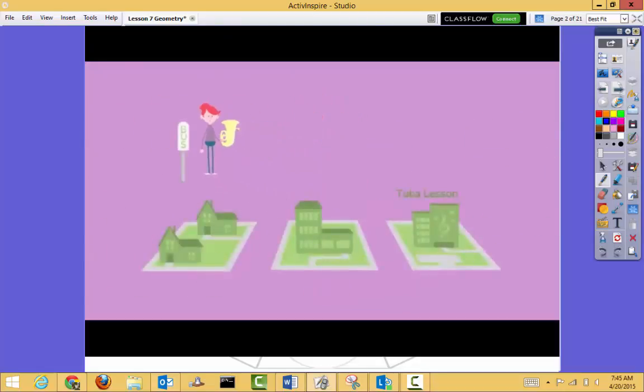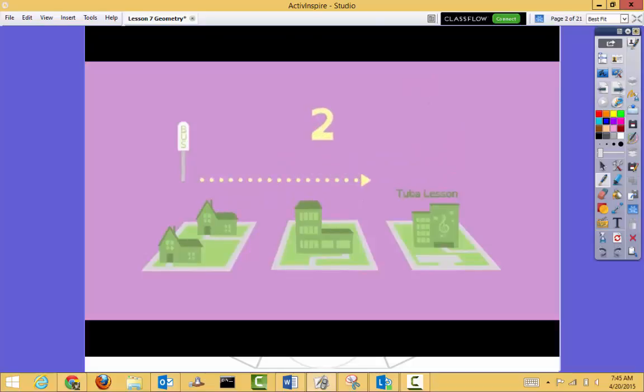Here's Lucy. She needs to walk to her tuba lesson 3 blocks from the bus stop. After walking 2 blocks, she realizes she dropped her sheet music. She goes back 1 block, finds it, then continues to her lesson. One way to represent Lucy's journey is like this.